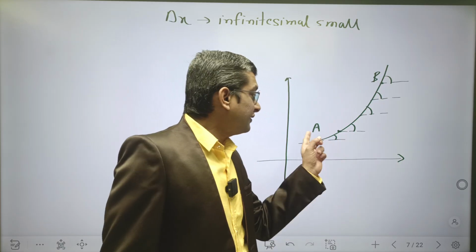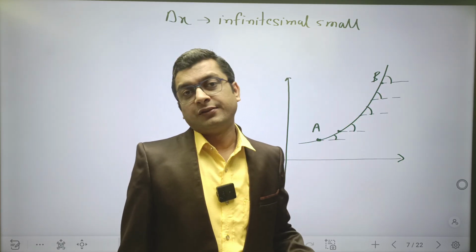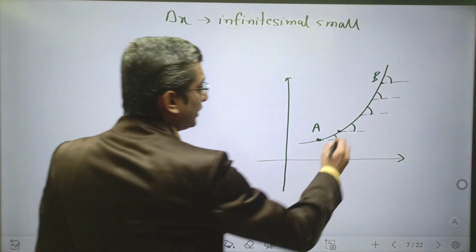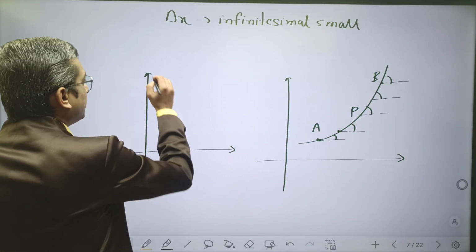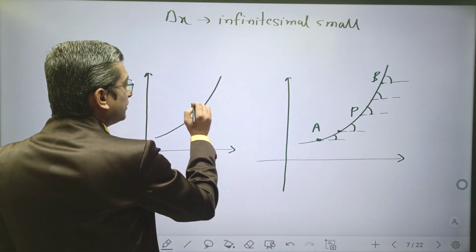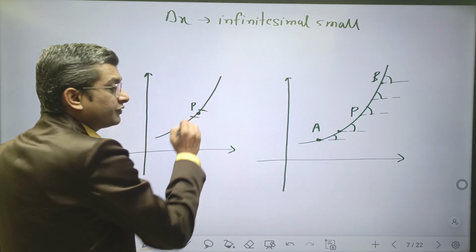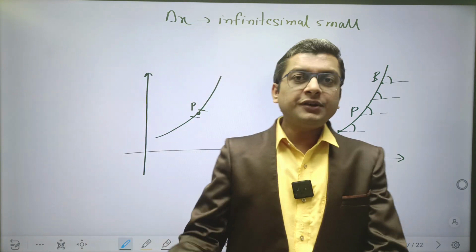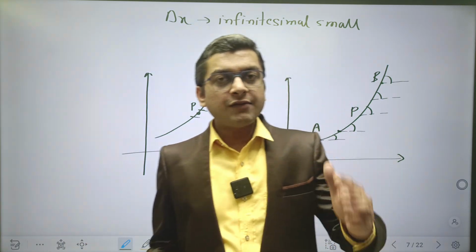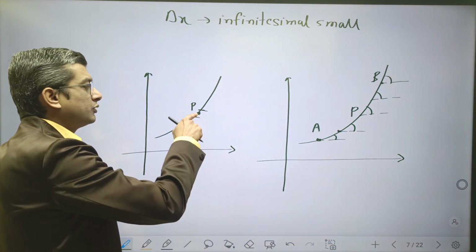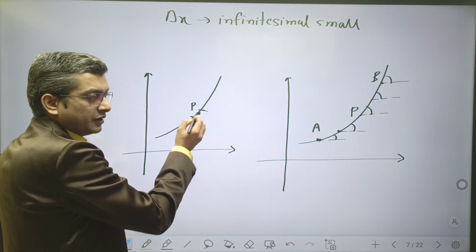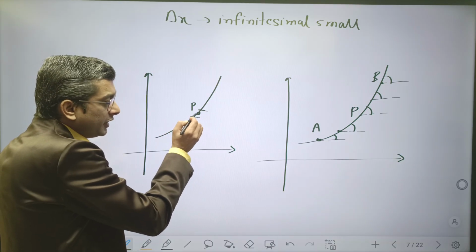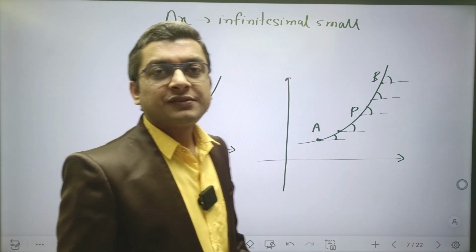So in this case, instantaneous slope is not equal to average slope. So to find the slope at any point P, what we do is take a small segment which appears as a straight line. Now if it appears as a straight line, then the average slope for that straight line will be equal to the instantaneous slope, or you can say the average slope of this segment is equal to the slope at any point between these segments.